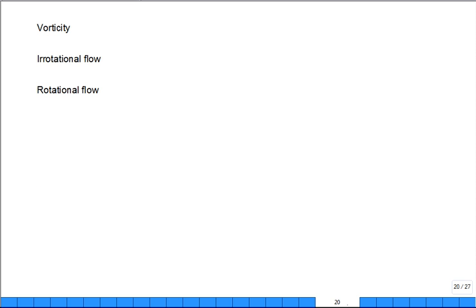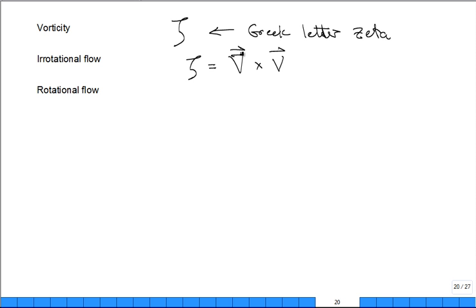Vorticity. Well, vorticity, let me go ahead and stop this so it doesn't do this. Okay, some flows are rotational in nature, and so they characterize the vorticity given by a Greek letter zeta, and the vorticity is defined as the curl of the velocity field.